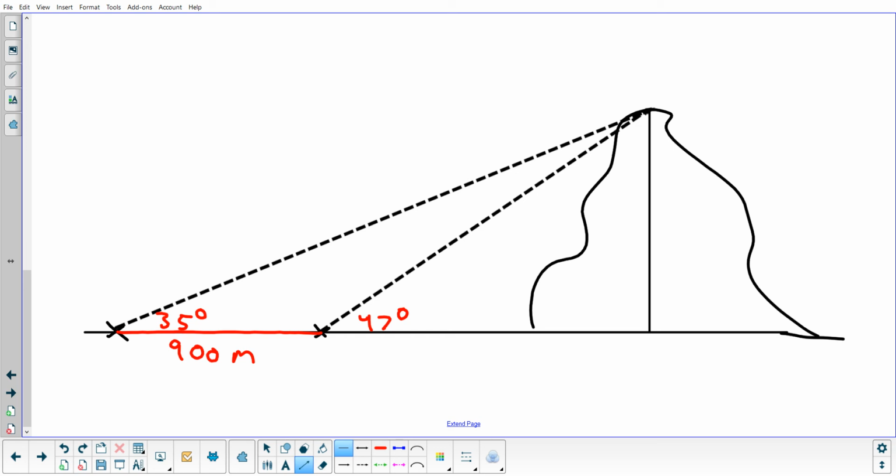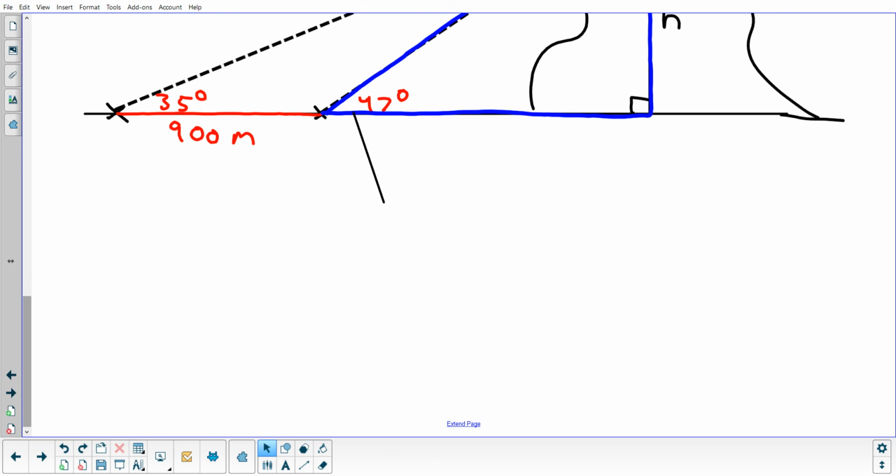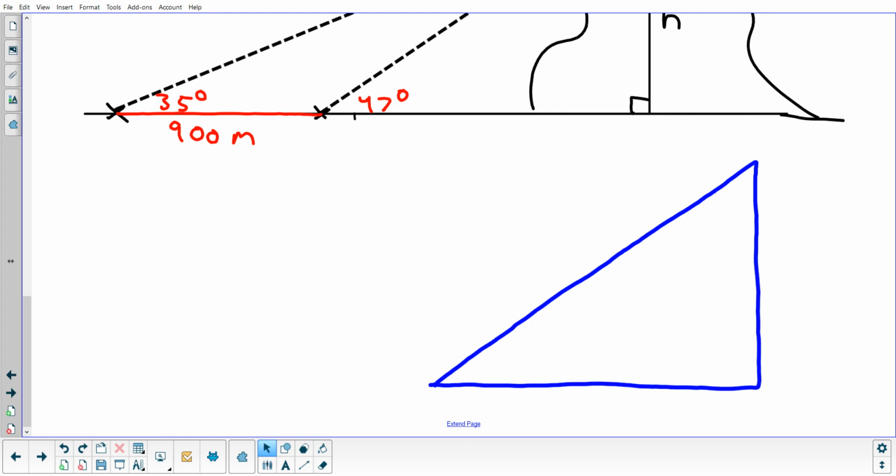Height is perpendicular, straight down. So if we had enough information, all we have to do is look at this blue triangle and solve it for h. But if we pull it down and look at it, I don't know if we have enough information to solve for h. You've got a 47. You've got a 90.